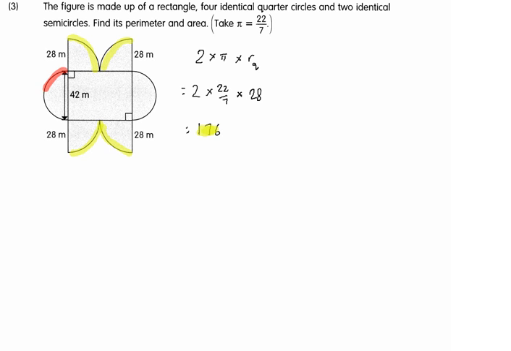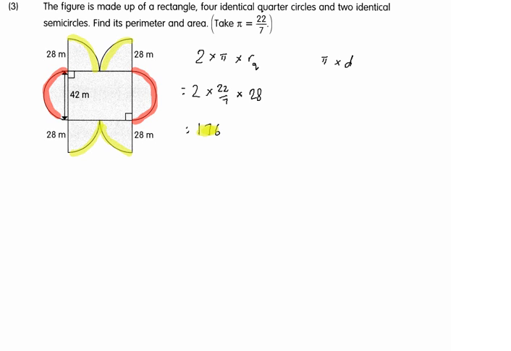I'll find the circumference formed by the 2 semicircles. Again, 2 multiplied by pi multiplied by radius. Now I put an S to represent the semicircle. You can also use pi d, which is actually better. So you use pi multiplied by diameter.